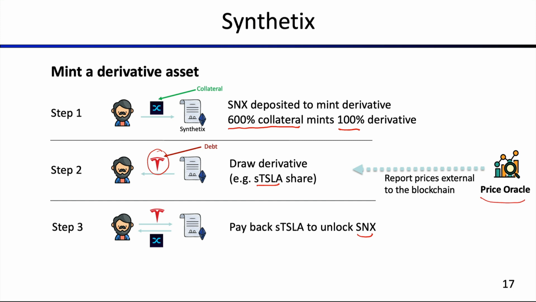One really interesting insight in Synthetix is that if you now want to exchange, for example, this sTesla into sUSD, then the process of exchanging the sTesla asset into an sUSD asset is simply a change of name of the actual asset you're holding, because the underlying assets are all represented by SNX.